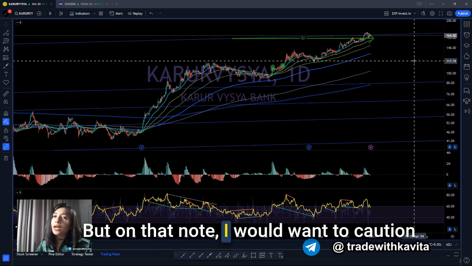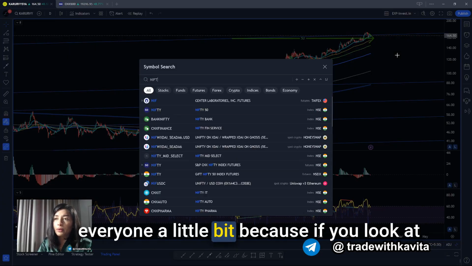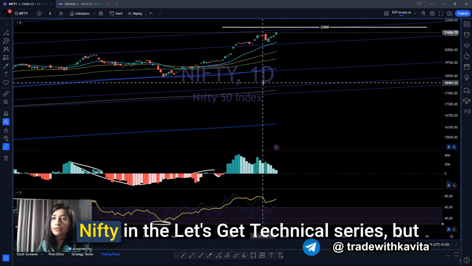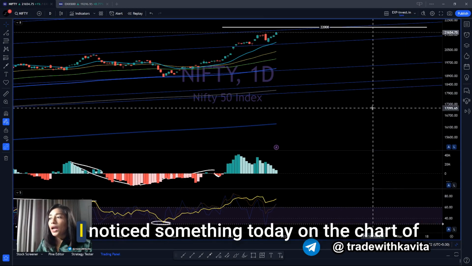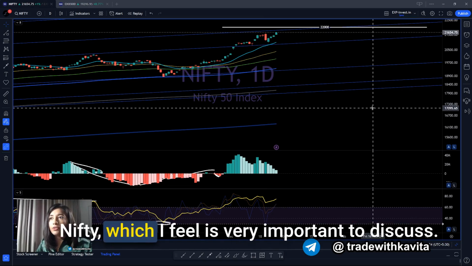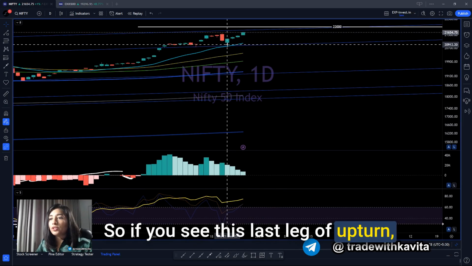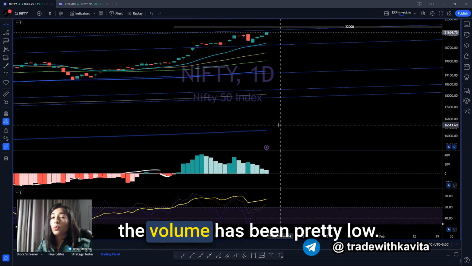But on that note, I would want to caution everyone a little bit. Because if you look at the chart of Nifty, usually I don't discuss Nifty in the Let's Get Technical series, but I noticed something today on the chart of Nifty which I feel is very important to discuss. If you see this last leg of uptrend which started since the 21st December, the volume has been pretty low.